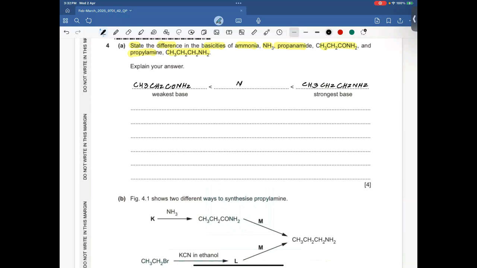And obviously, this is ammonia. You can write the names here too. It doesn't make any difference. Let me explain why.